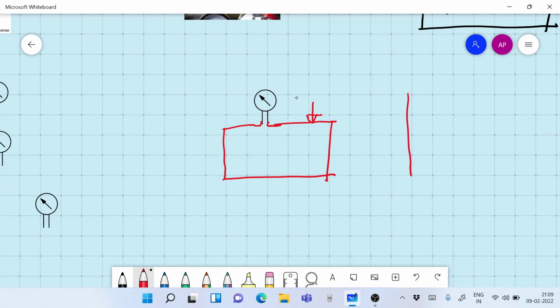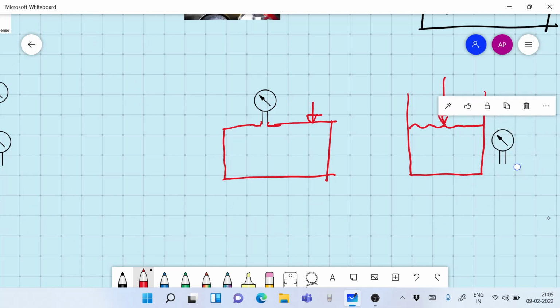If I have an open tank, this surface of liquid is experiencing a pressure of 1 atmosphere. But if I put a gauge at the bottom, now let me take this gauge and I will connect it through some means at the bottom of this tank using a small pipe, I would get a pressure greater than 1 atmosphere.